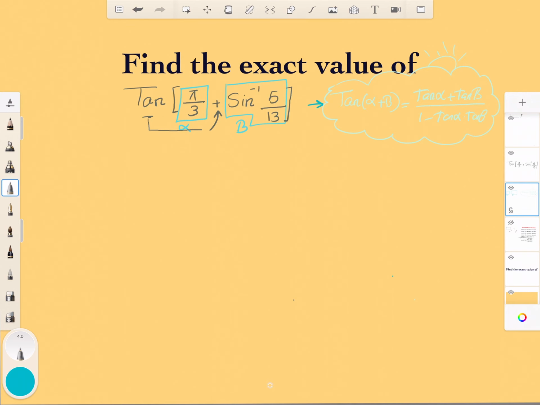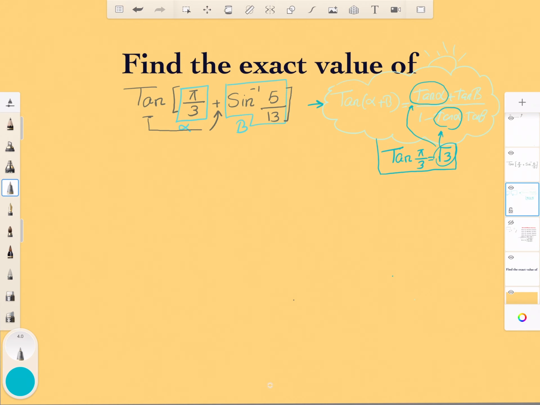So our alpha is pi over 3. Inside of your note sheet or your unit circle, we know tangent of pi over 3 equals radical 3. So for tangent of alpha, if alpha is pi over 3, we can just substitute root 3.